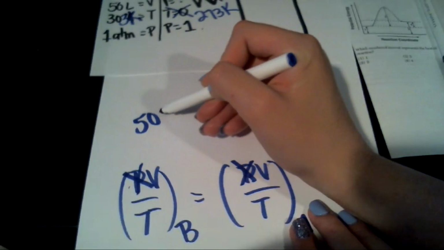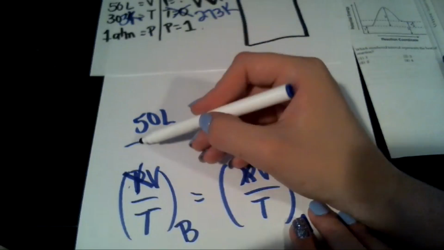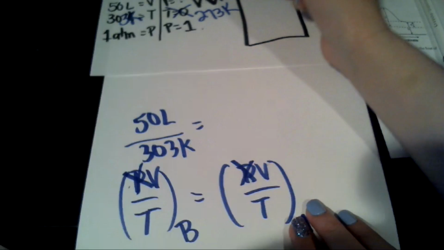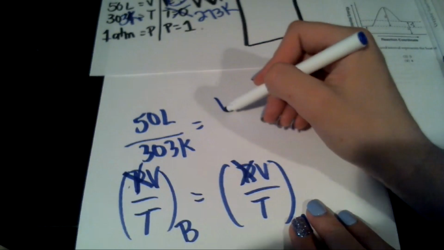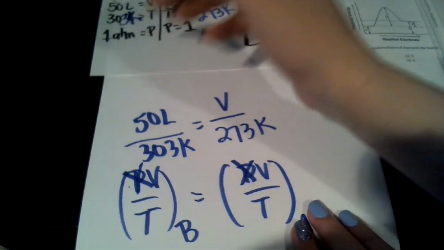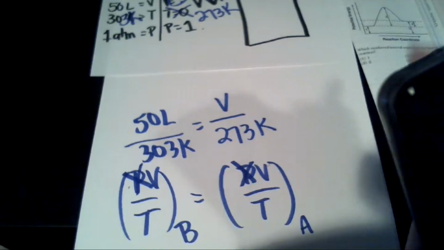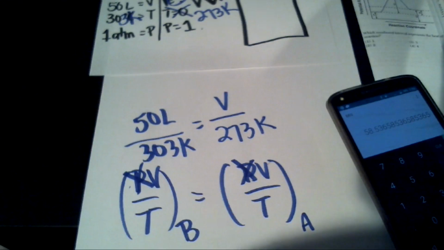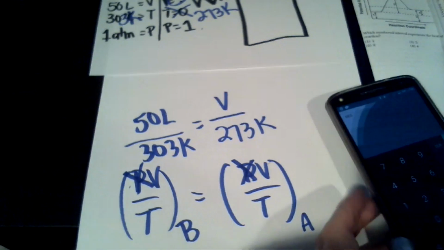So you plug that in. Pressure is constant, so it's the same on both sides. You don't have to include it. Your volume is 50 liters over your 303 Kelvin. That is equal to an unknown volume, leave it V, over 273 Kelvin. You would cross multiply and then divide.